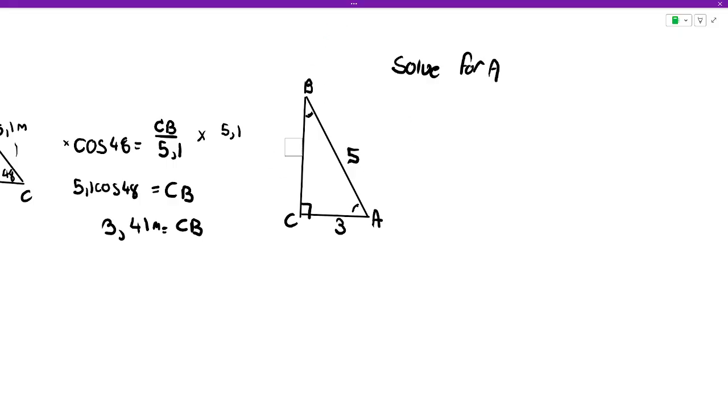Let's just say this length was not there. So this is angle A, and we have the adjacent, which is 3, and we have the hypotenuse, which is 5, meaning we're using tan. So tan of A must equal 3 over 5. Then, in order to cancel out tan, we take it to the other side.